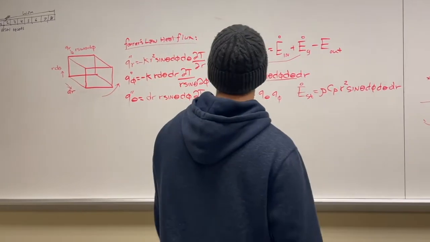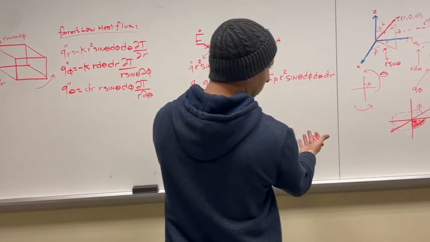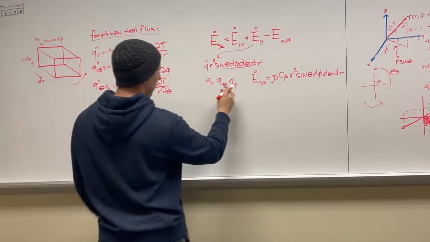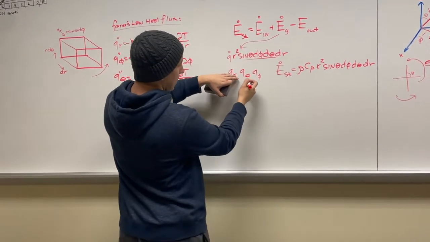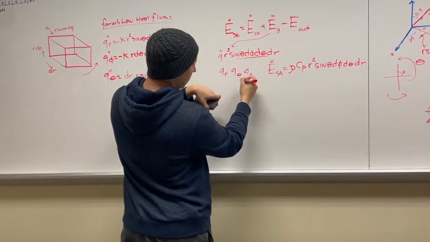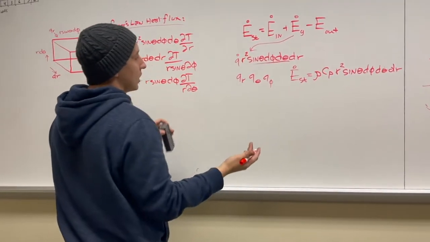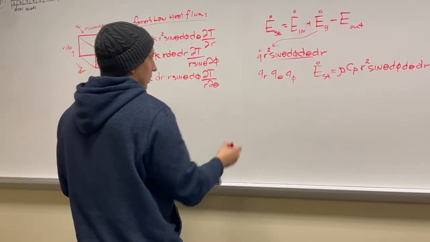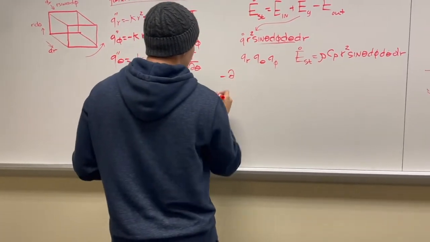So what do we do from here now? Well, we got this. I derived earlier how the heat is going in and out, but just for the sake of saving time, the r's, the thetas, and the phi's, they're all going to cancel out. And you're going to be basically left with the negative of that gradient in that direction.